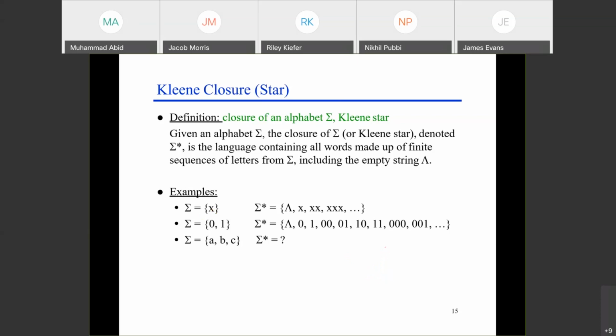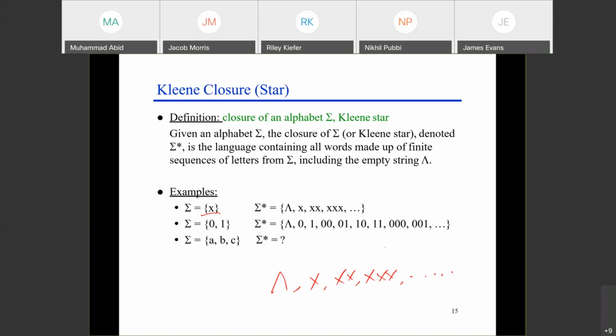We have just one letter here, x, and this is your sigma also. So applying Kleene star means all possible combinations of x: 1x, 2x, 3x, and so on. Regardless of whether you have lambda in your basic building block or not, lambda will be part of this language. So this is basically your Kleene star property.